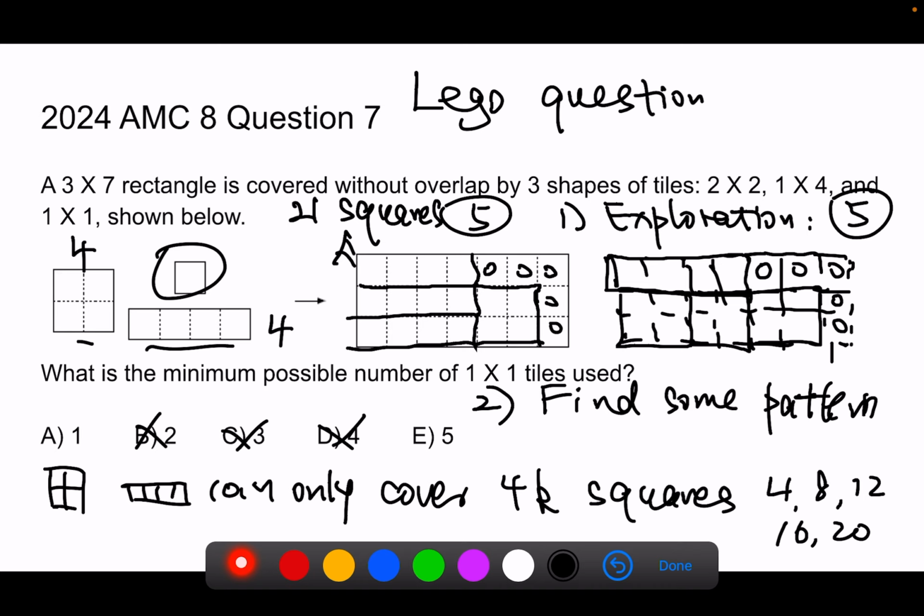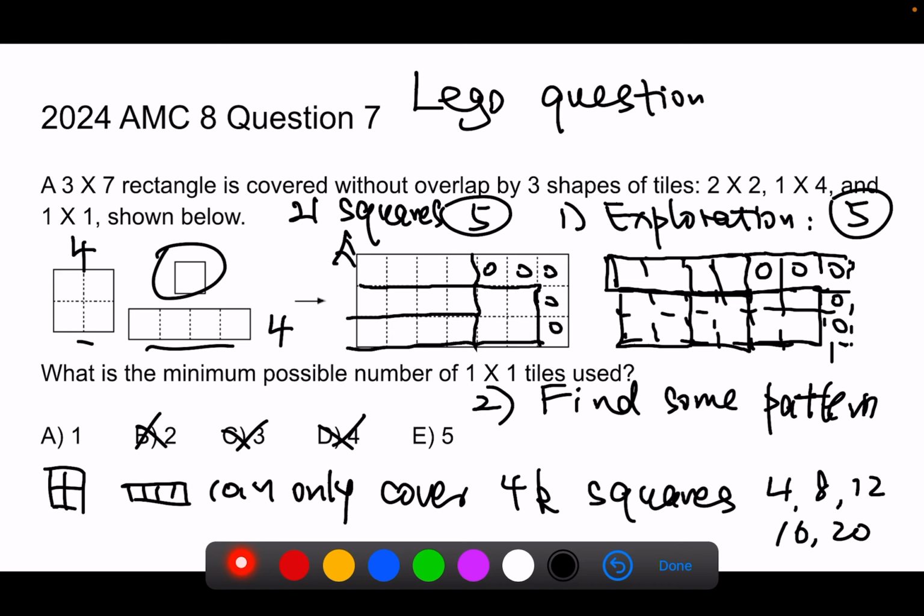For example, if you take 2, then you need to cover 19 remaining squares. But the only number of squares you can cover using the 2 by 2 or 1 by 4 is going to be 4 times something, and 19 is not 4 times something. So now you know 2, 3, 4 are not possible.